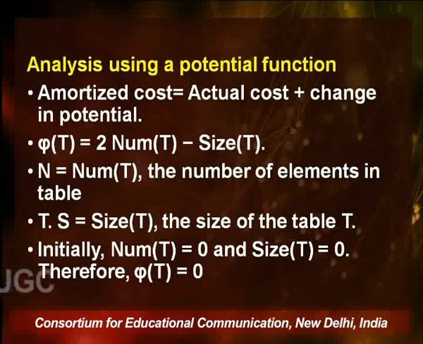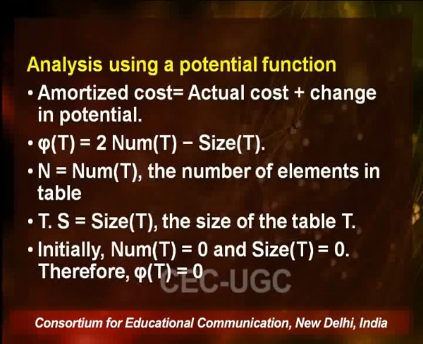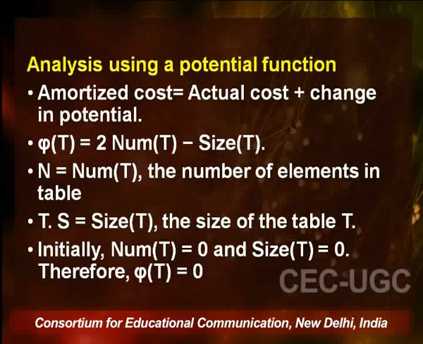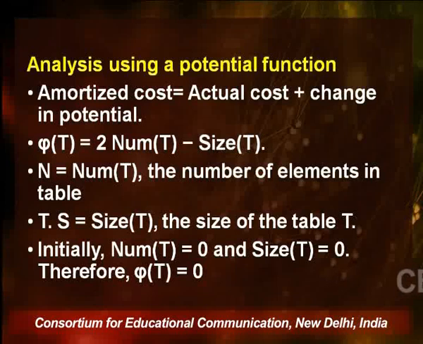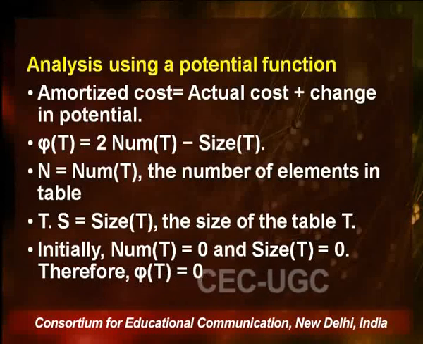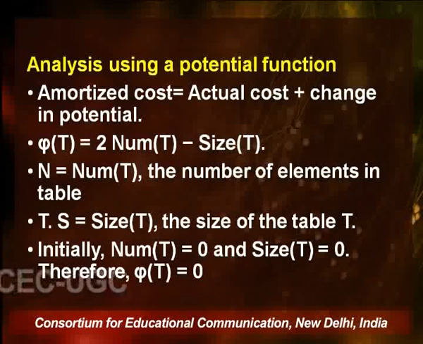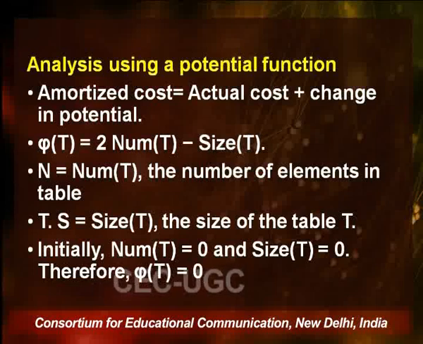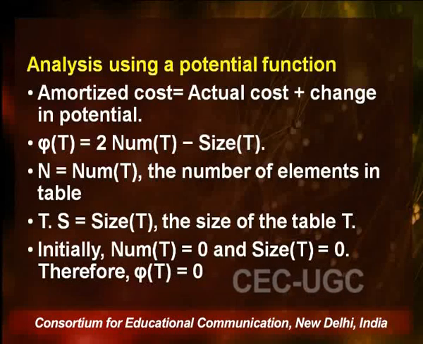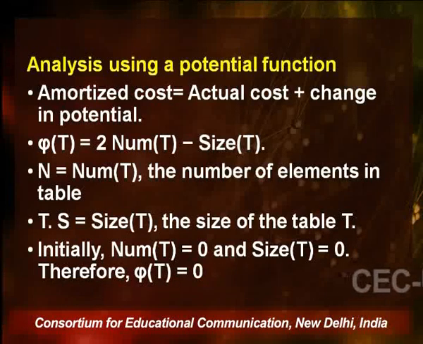But if we want to analyze this whole process using the potential function, the potential method says that amortized cost is equal to the actual cost plus the change in potential. For the change in potential we have to define the potential function first.